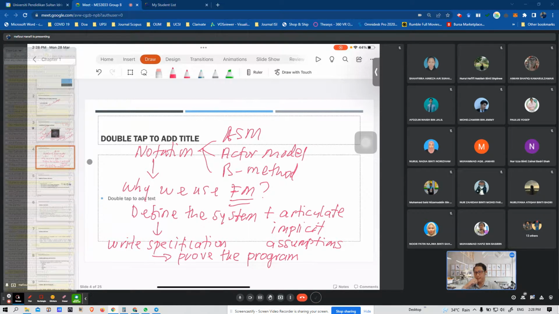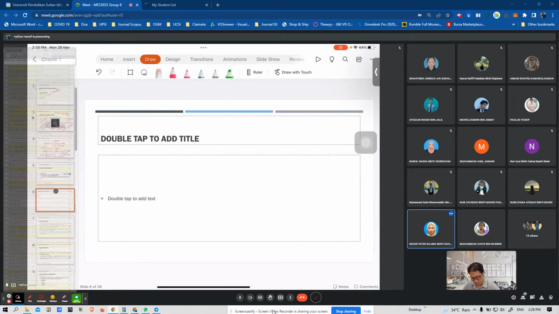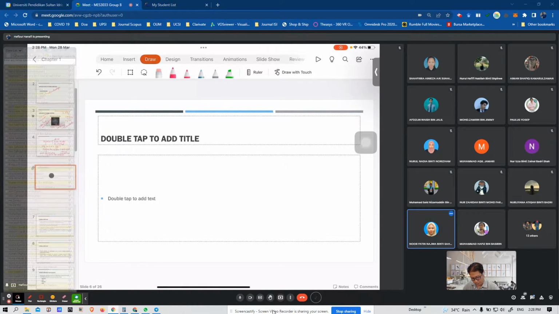Fatin Najwa ada? Kenapa agaknya penting? Okey, lagi? Okey, betul lah tu.